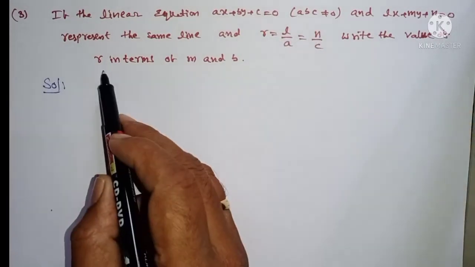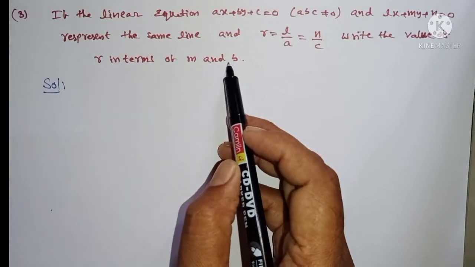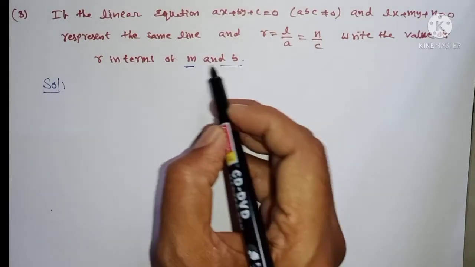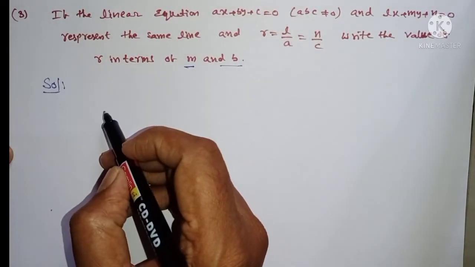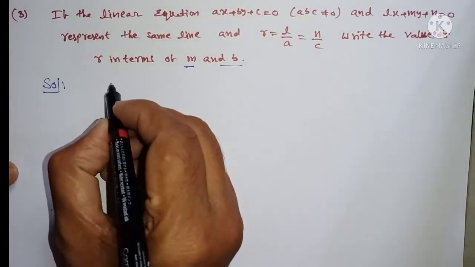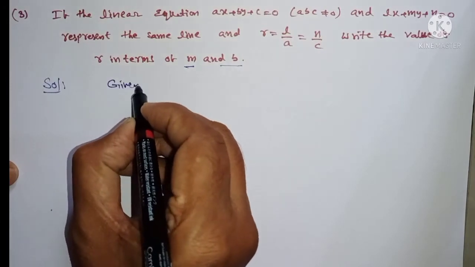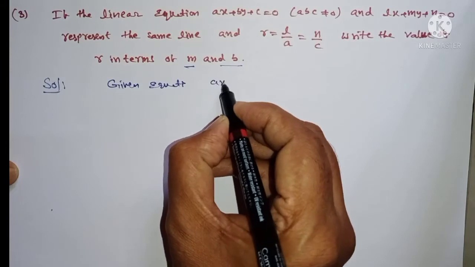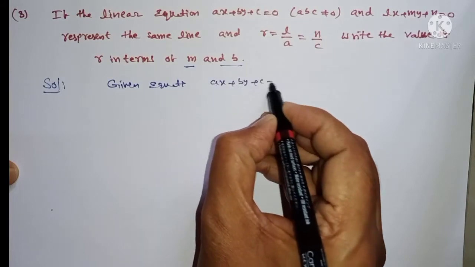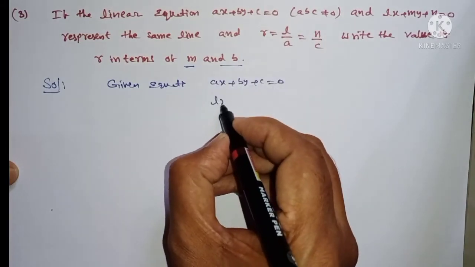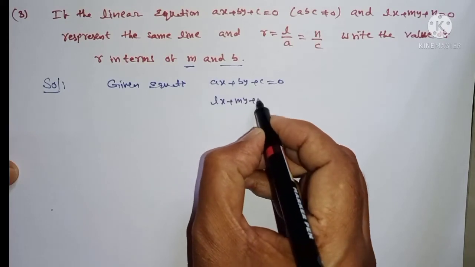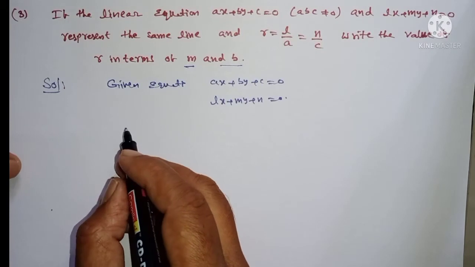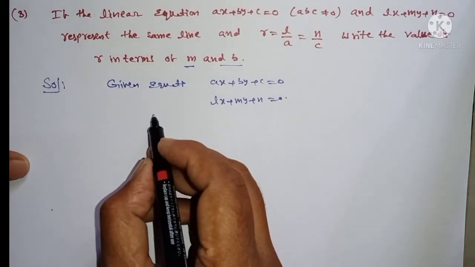Write the value of r in terms of m and b. You are asking for r in terms of m and b. Therefore, solution: observe here, write down the given equations ax plus by plus c is equal to 0 and lx plus my plus n is equal to 0. These two equations represent the same line.